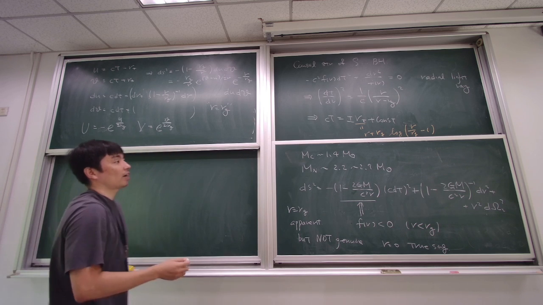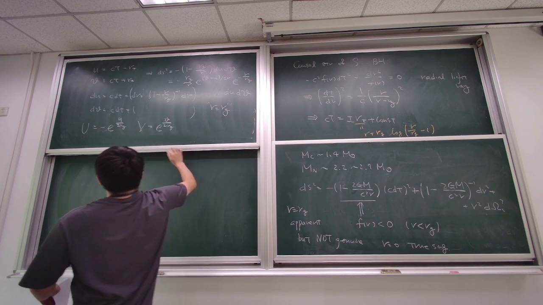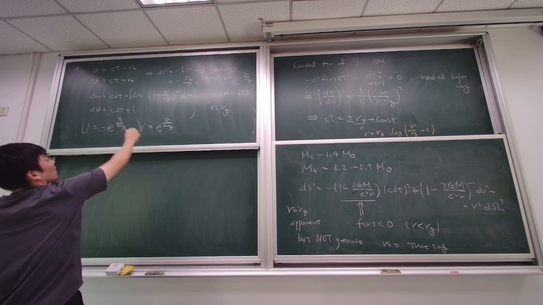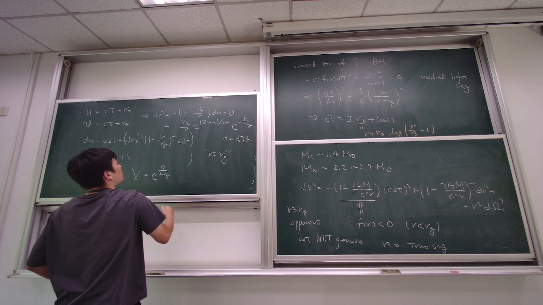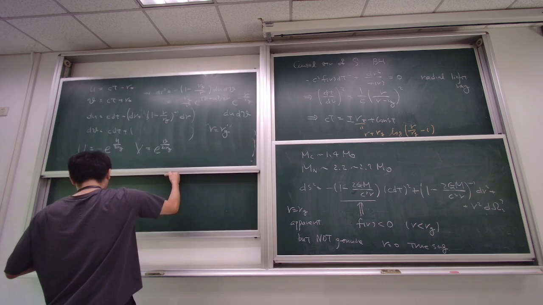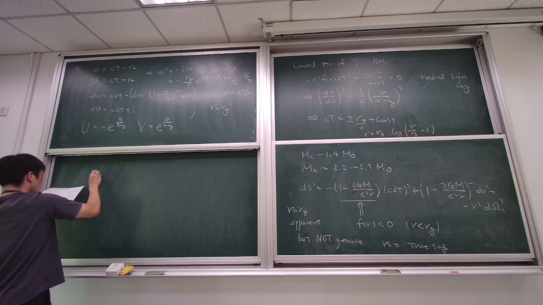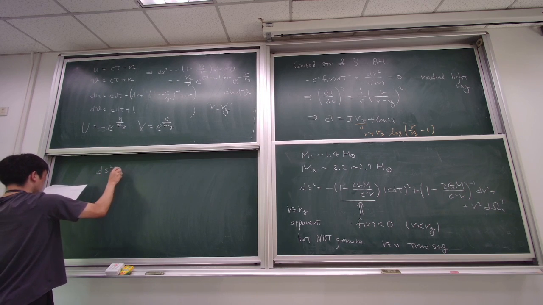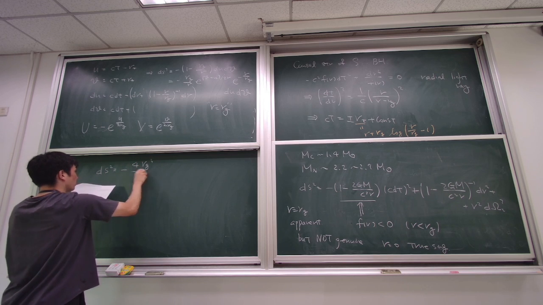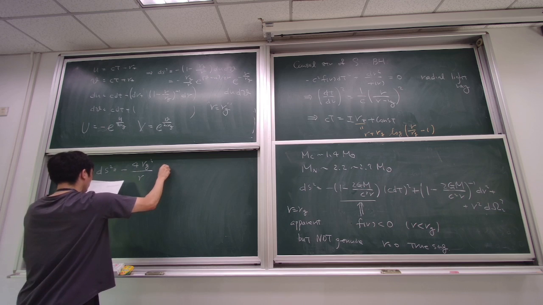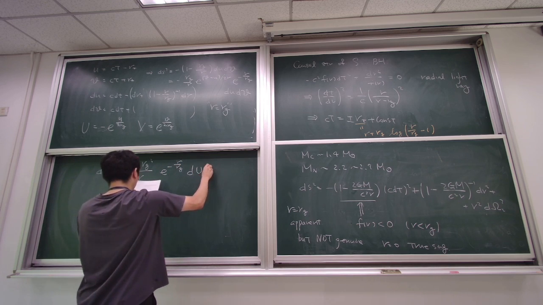Sorry, when r equals rg, this is minus infinity. So u becomes infinity, v goes to infinity, but this becomes 0. This becomes 0. This becomes 0. So that's the coordinate singularity. To avoid it, we just make a change of variable and write down the metric again. Then this one becomes like this way: rg cubed over r, e to the minus r over rg, capital dU dV.